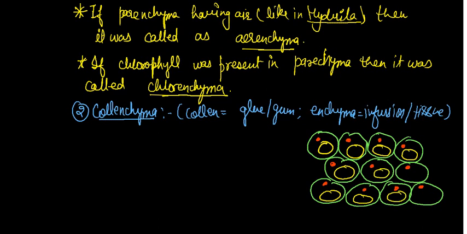One more important thing present over here is glue or gum. So intercellular space was absent due to the deposition of glue or gum. The white layer that I will draw is the glue or gum, which is present in the intercellular space.